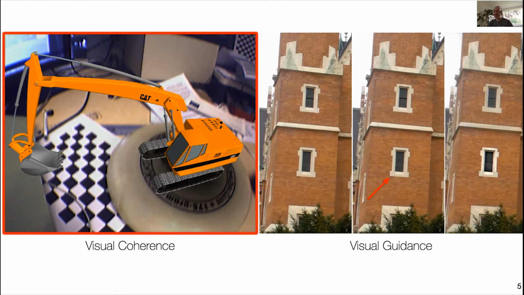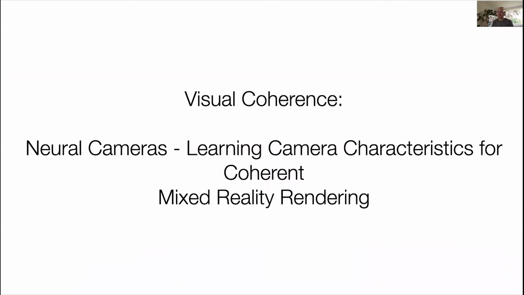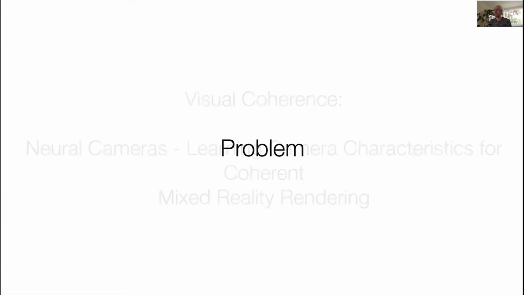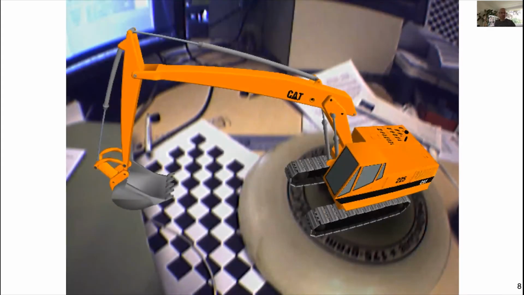What is visual coherence and why is it important? The paper title is Neural Cameras: Learning Camera Characteristics for Coherent Mixed Reality Rendering. So what's the general problem? First of all, coherence in augmented reality is quite important, and is a well-investigated problem.